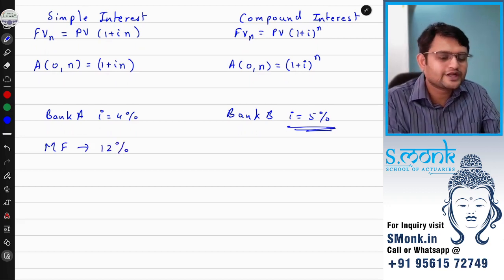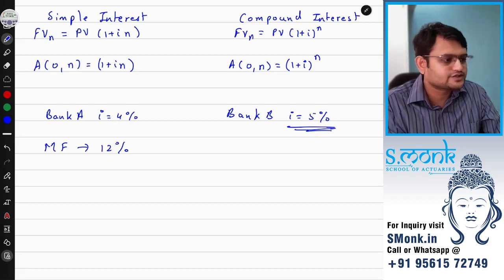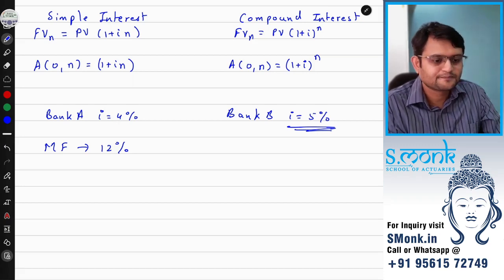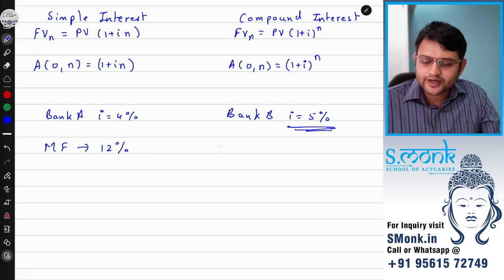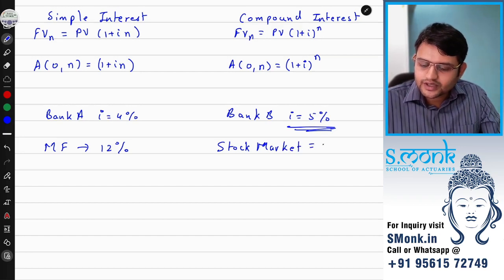So, would you put it in bank or would you go for mutual funds? Okay, mutual funds, of course, because you are earning more interest. I will say in stock market, you can earn 30%.